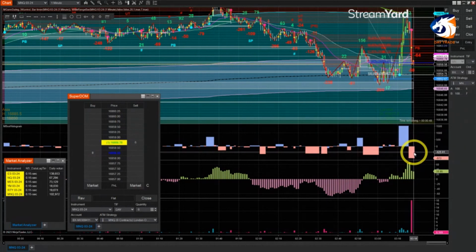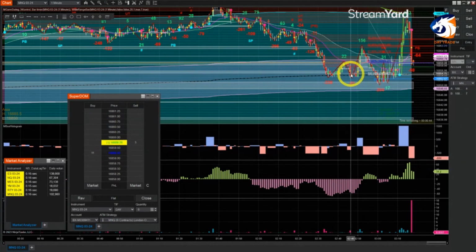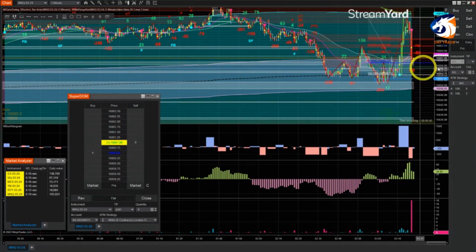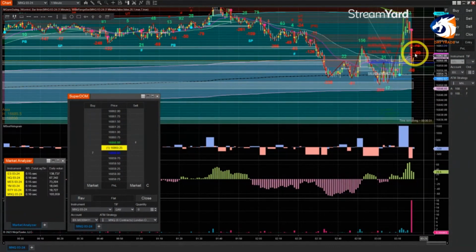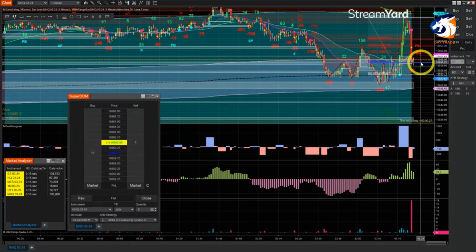We also have that on the MBox histogram. Now let's see, you see this might be a fake out. So I want to make sure that we enter at the right time, either a buy or a sell, because we might get faked out here for a sell. But now we can have a buy here.